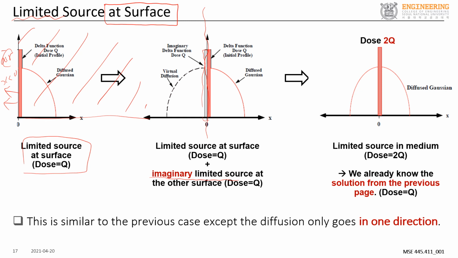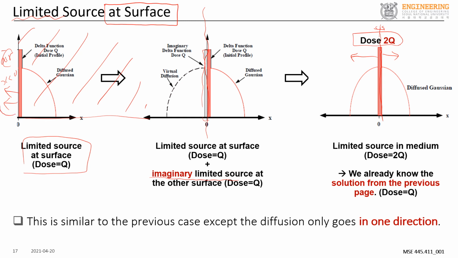What's going to happen is that there's 2q because you added q in here, but if you cut them in half, the half on the left will diffuse to the left side, and the half on the right will diffuse to the right side, and there will be no diffusion between these two boundaries. So there's no diffusion to the other side.